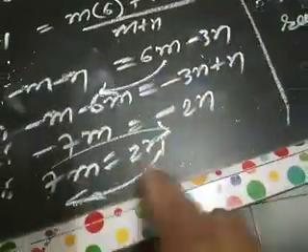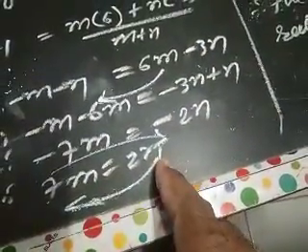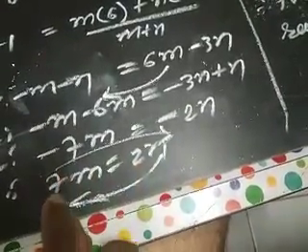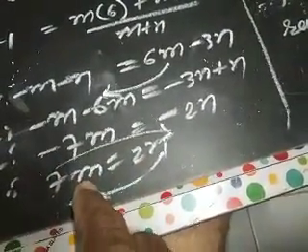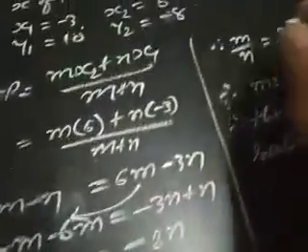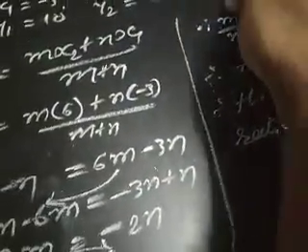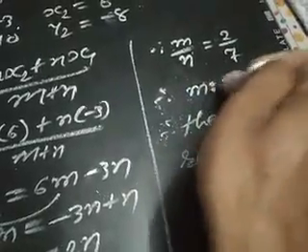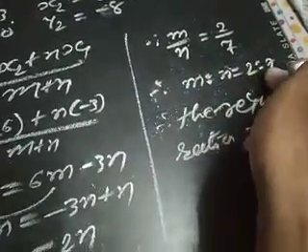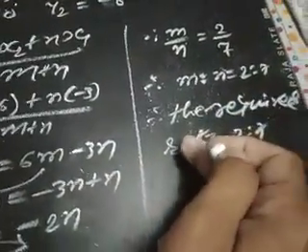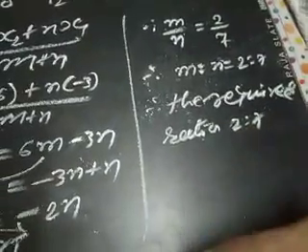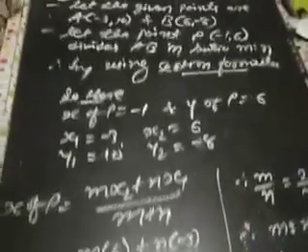This is because n is in multiplication with 2, and 7 is in multiplication with m, so it goes to division form. So m upon n is equal to 2 upon 7, and m proportional n is equal to 2 proportional 7. So the required ratio is 2 proportional 7. Okay, so that is answer number 4.